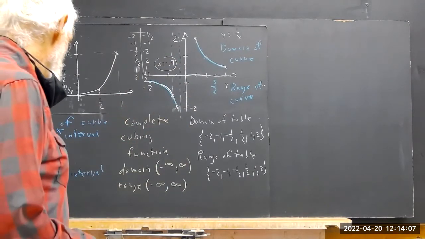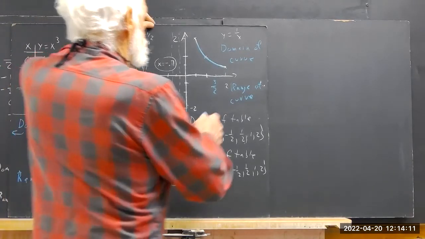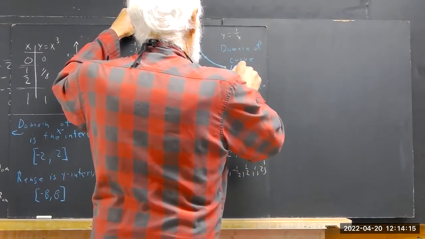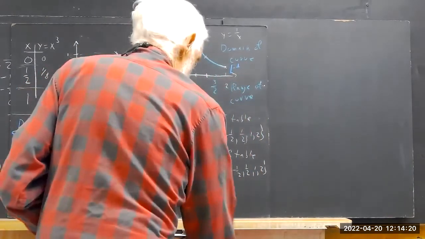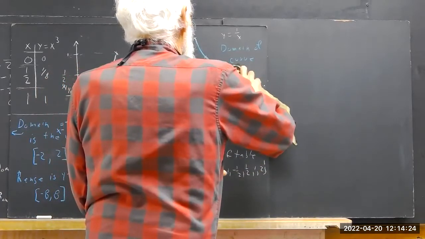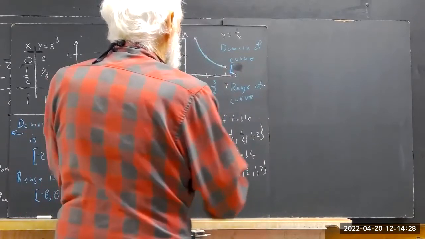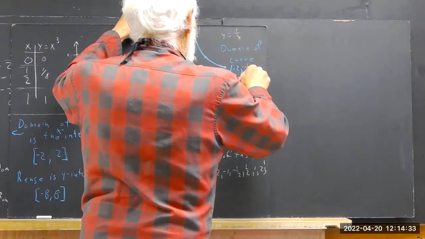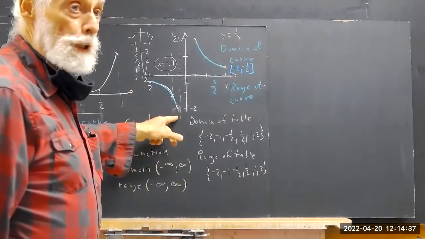Well, to write that, we want to do them in order from left to right. Okay, there's the interval from negative 2 to negative 1/2, right?